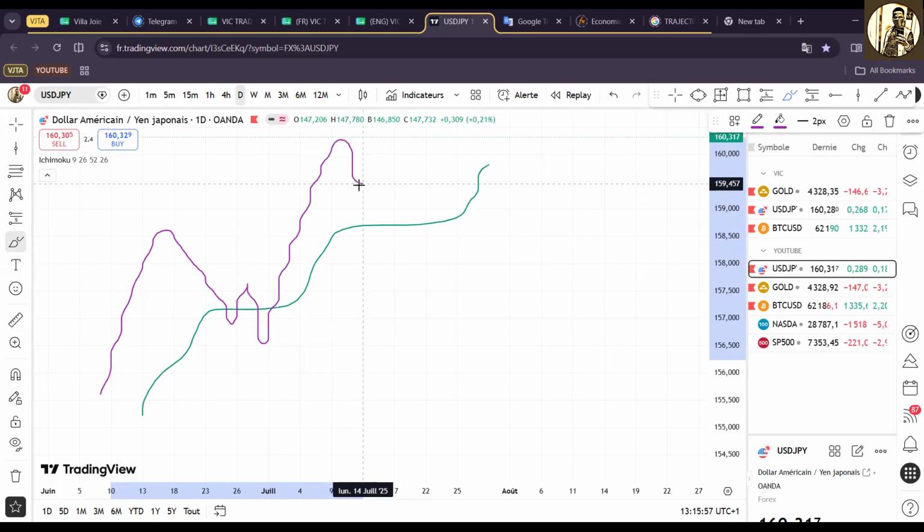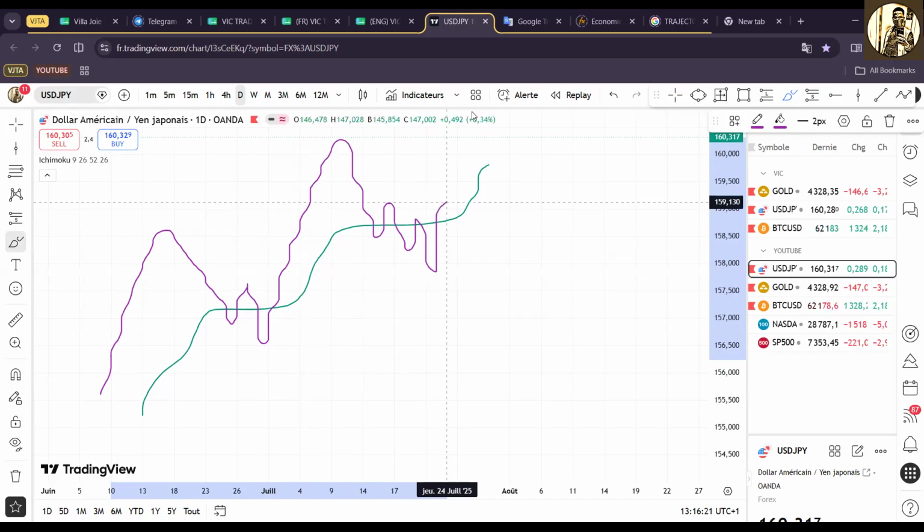Now there's another possibility. Kijun gets touched for the first time. Then the price goes above Kijun. Then Kijun is touched for the second time. Then the price goes a little bit above Kijun again. Then Kijun is touched for the third time, but that third time, it creates a low below the low of the second touch.